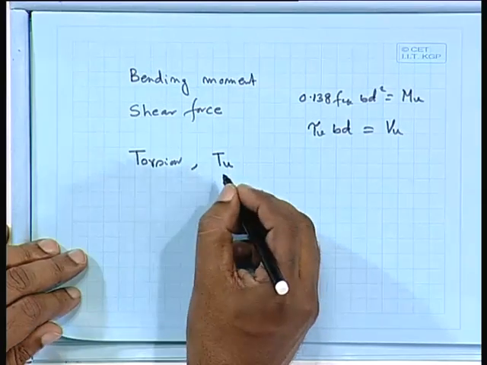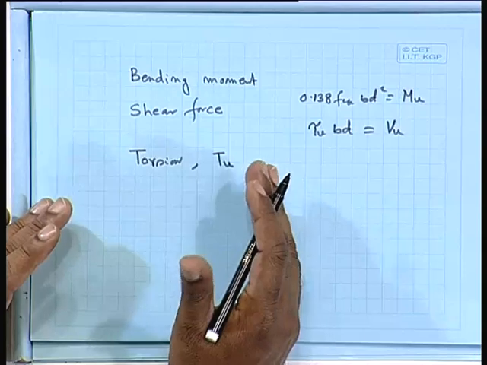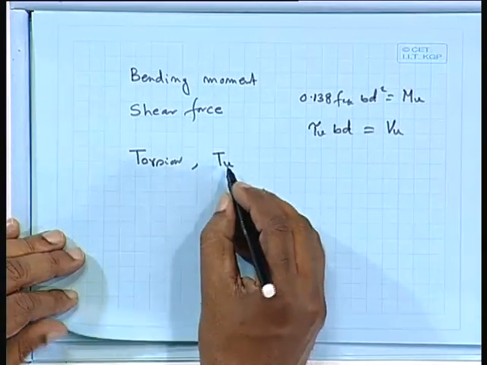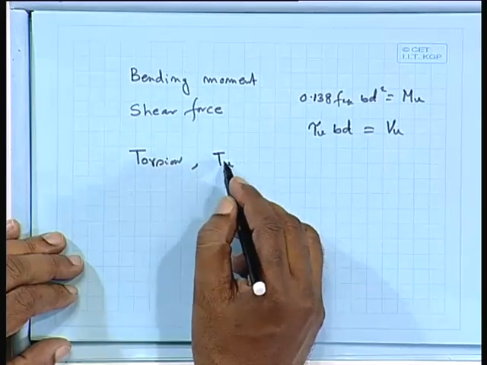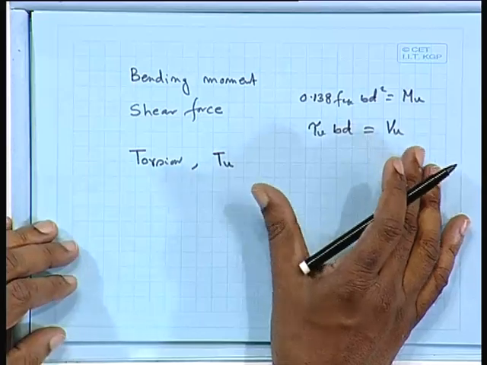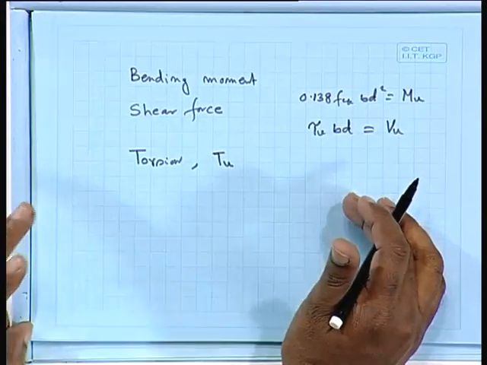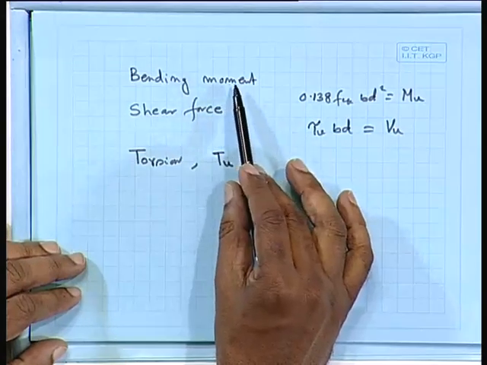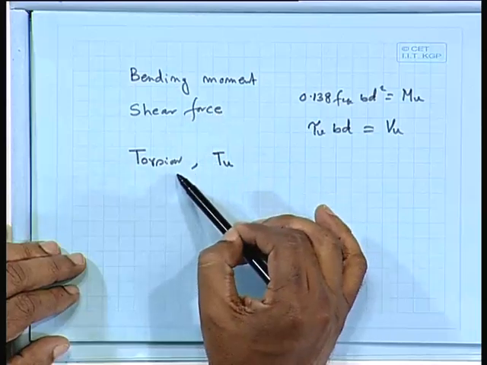Tu is the torsion applied after being factored, that means after multiplying with 1.5 or whatever the appropriate factor, and then we find the Tu, and there is no such scheme or formula from where we shall directly get the d, because here we have 3 things being applied: one is bending moment, another one is shear force, another one is torsion.